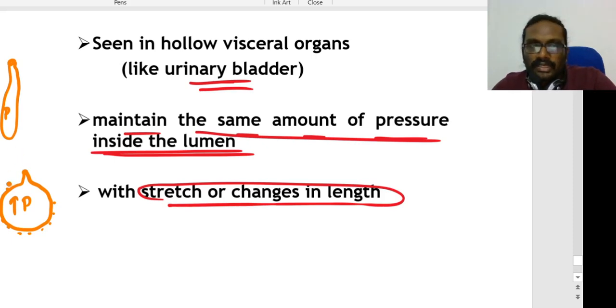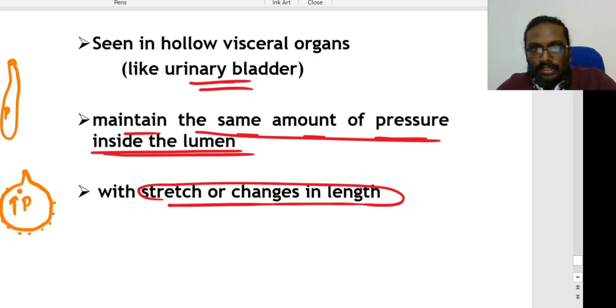But this is not the case in a urinary smooth muscle. So never compare the blowing of a balloon and the state of a fully inflated balloon with a urinary bladder. If you ever find anyone explaining a urinary bladder like a balloon, don't take it to your brain, because that's wrong.